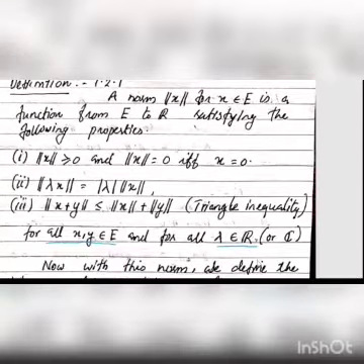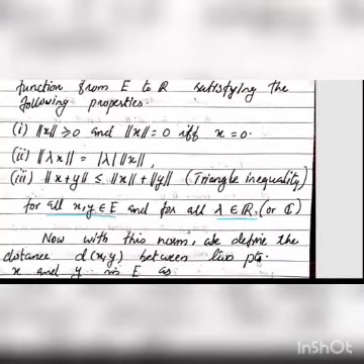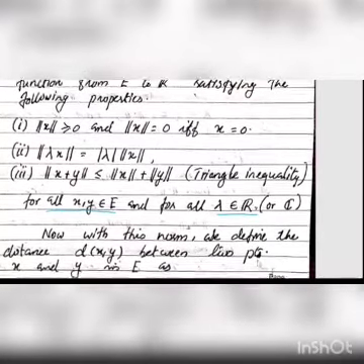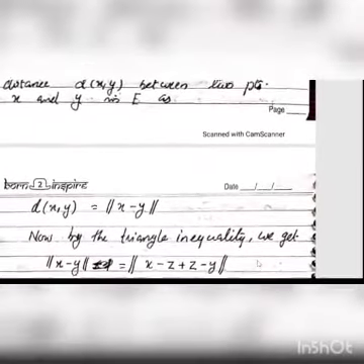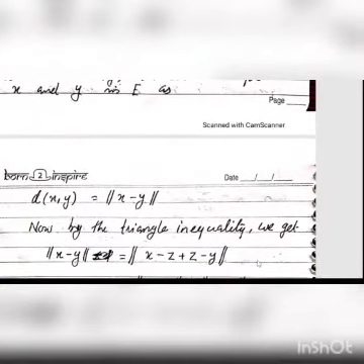Now with this norm, we define the distance between two points x and y. That is, d(x,y) we will define as the norm of x minus y. Now by the triangle inequality, the norm of x minus y can be written as the norm of x minus z plus z minus y.